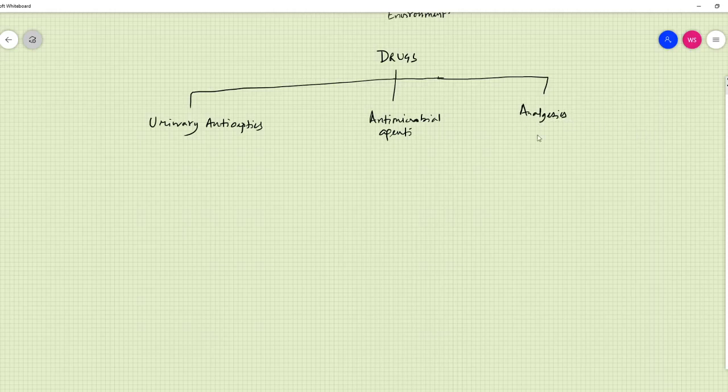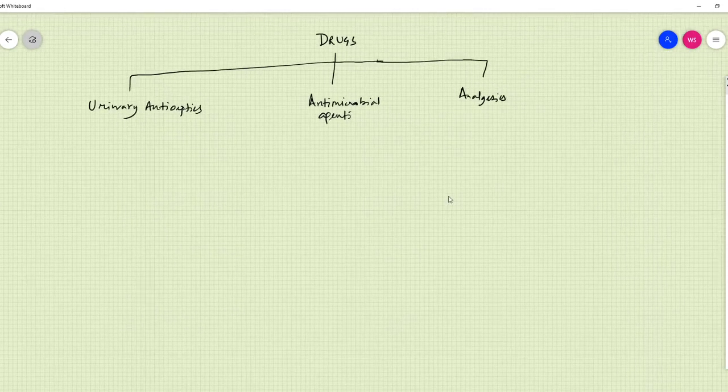Okay, so these are the most common classification of drugs used in the treatment of UTI.